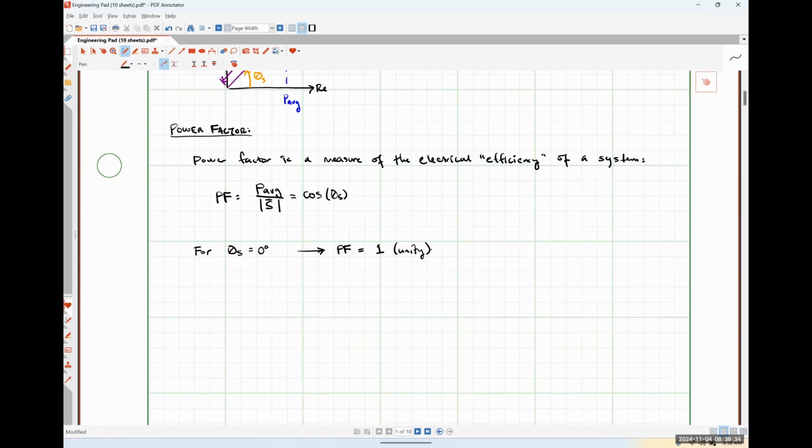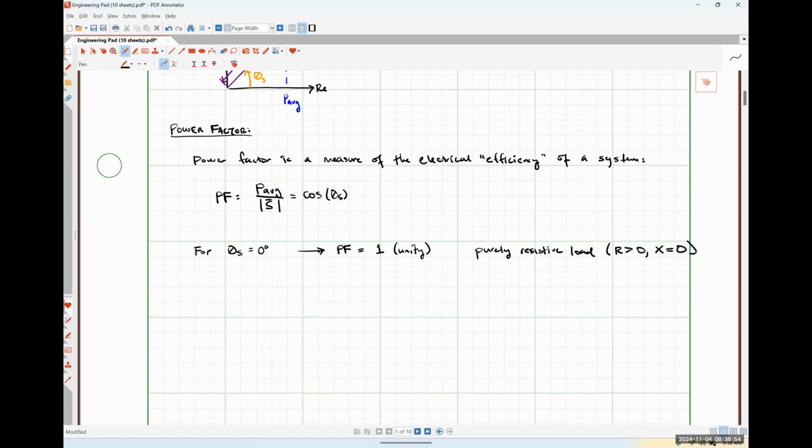Resistor, exactly right. So this means that we have a purely resistive load, so R is greater than 0, and our reactance is exactly equal to 0.